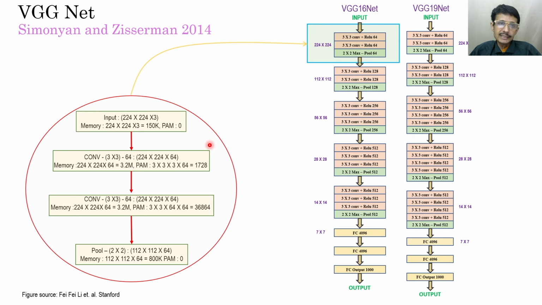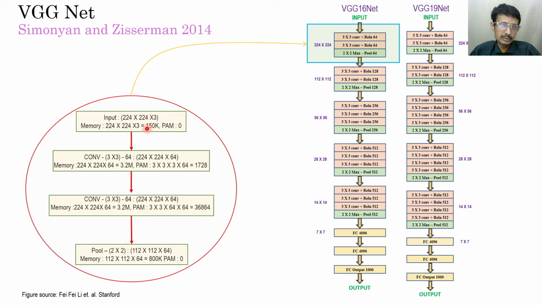Finally, let's look at one module of VGG16. The input is 224x224x3. Memory required is almost 150K, which means 150,000, and parameters are 0 because it's the input layer.